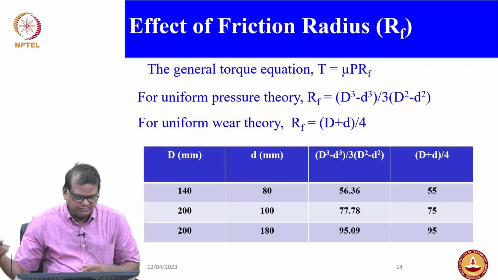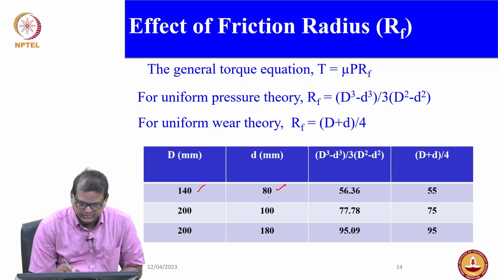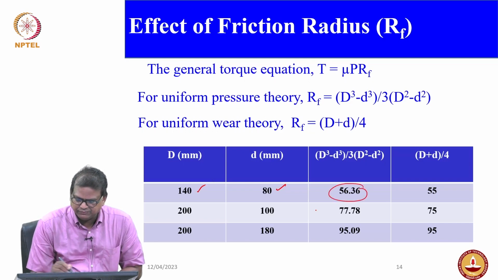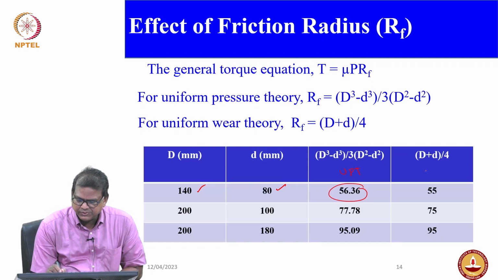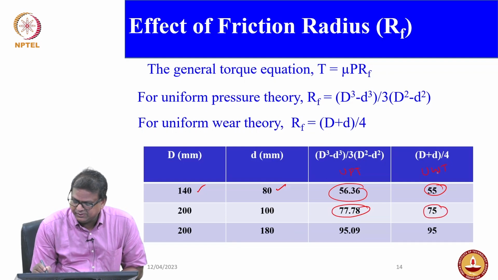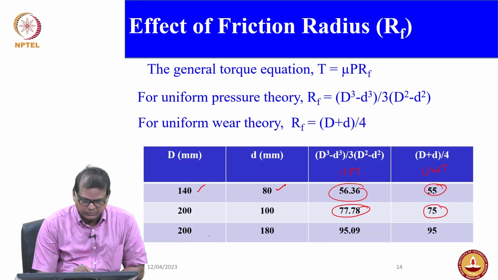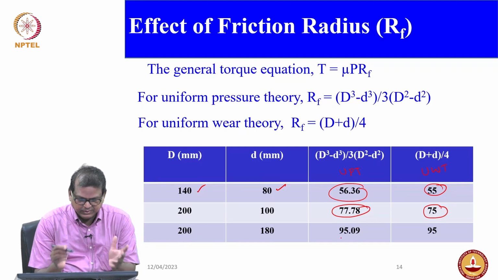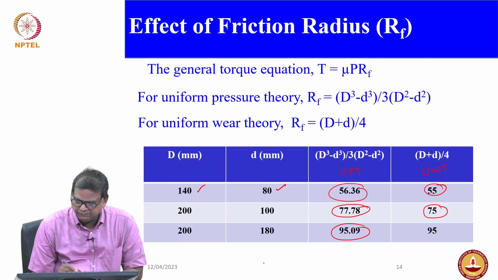Take capital D as 140 and 80 and try to find out what will be RF using uniform pressure theory, which is 56.36, and uniform wear theory, which is 55. For 200 outer dia and 100 inner dia, my RF is 77.78 and 75 for uniform wear theory. If you do it for 200 and 180, I am reducing the gap also, 95.09 under uniform pressure theory, 95 under uniform wear theory, okay.